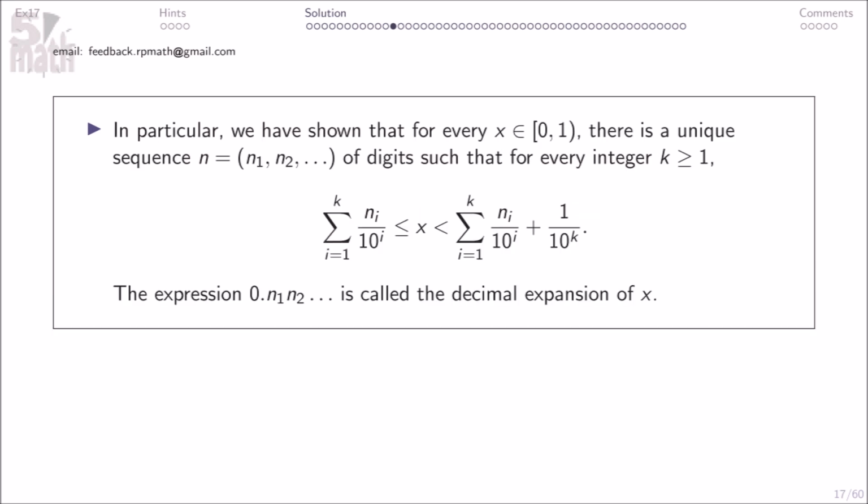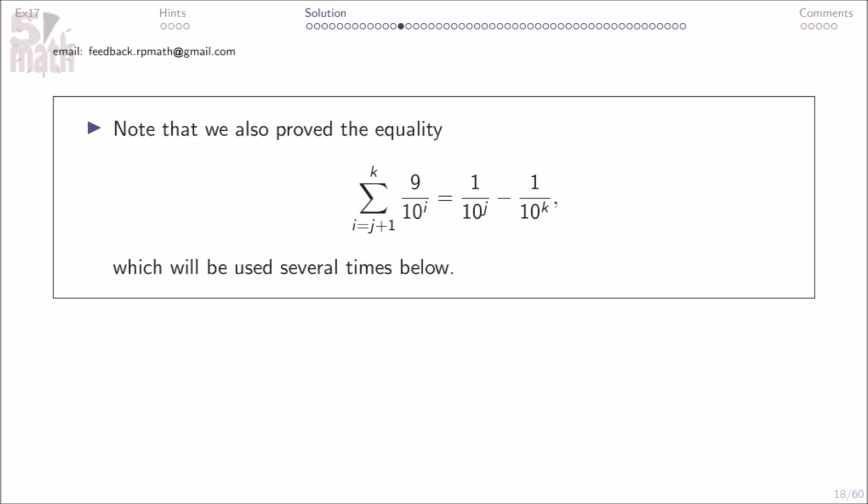In particular, we have shown that for every digit x in this, there is a unique sequence n of digits such that for every integer k greater than or equal to 1, this. The expression here is called the decimal expansion of x. Note that we have also proved the equality here, which will be used several times below.